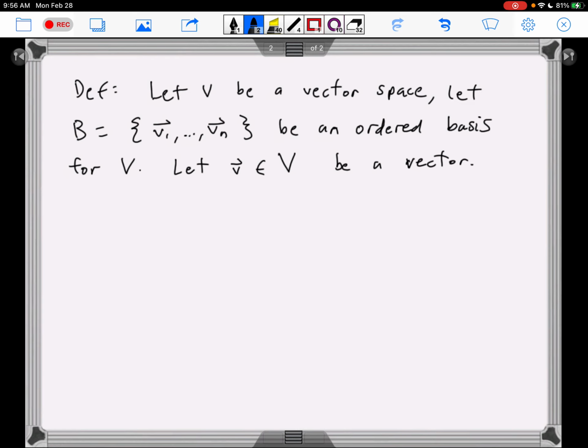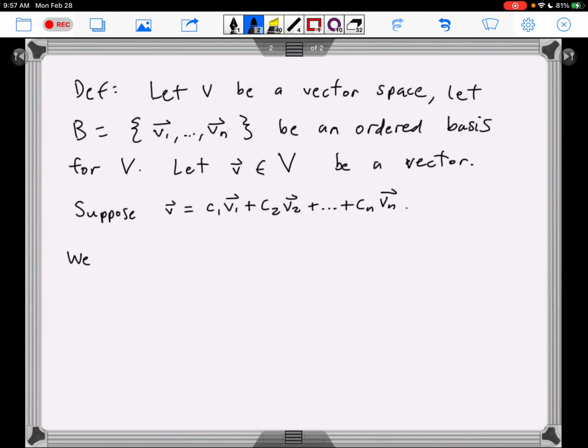So when you have a vector, of course, we know by the theorem above that it can be written uniquely as a linear combination. So suppose V is going to equal C1V1 plus C2V2 all the way to CnVn. Notice we have written it as a linear combination, and this is a unique linear combination, okay?